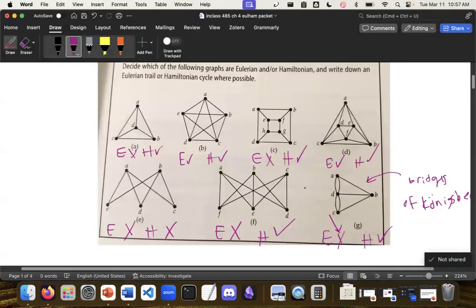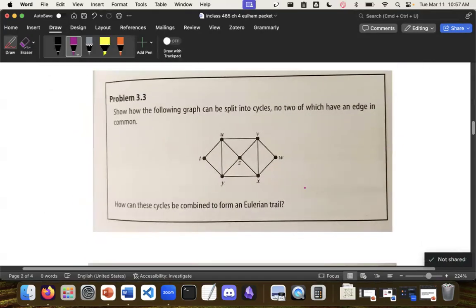So the next problem is how do we split this one into cycles? Let's see what the book says. Okay, so one of the options that the book gives, so if you do this, you may come up with something different.